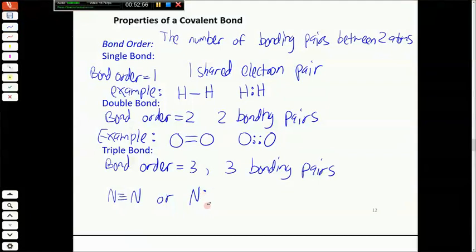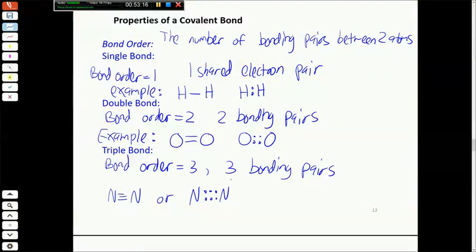So sorry, that's too many dots. So it'd have 3 pairs of dots that are shared, 3 pairs of electrons that are shared. And so that's an example of a triple bond or a bond order of 3. So we can have bond orders of 1, 2, and 3. We will learn sometime next week, I think, about how to predict what the bond order is for two atoms bonded to each other.